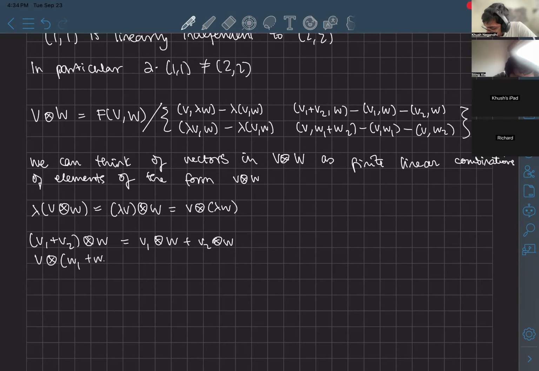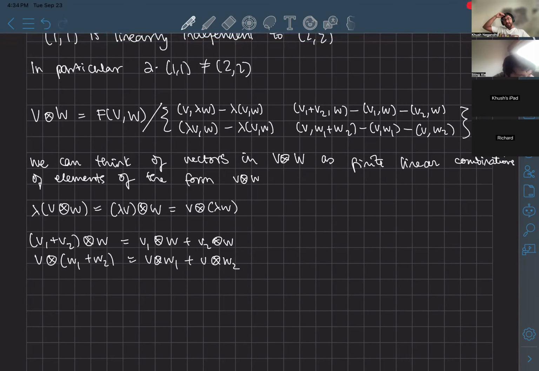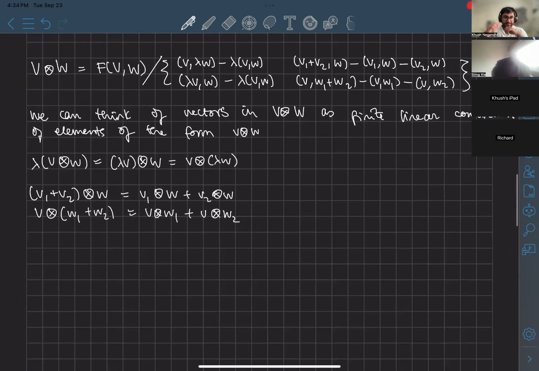W1 plus W2 is the same thing as V tensor W1 plus V tensor W2. As we can see, these relations that we've imposed make this tensoring operation into a bilinear operation.